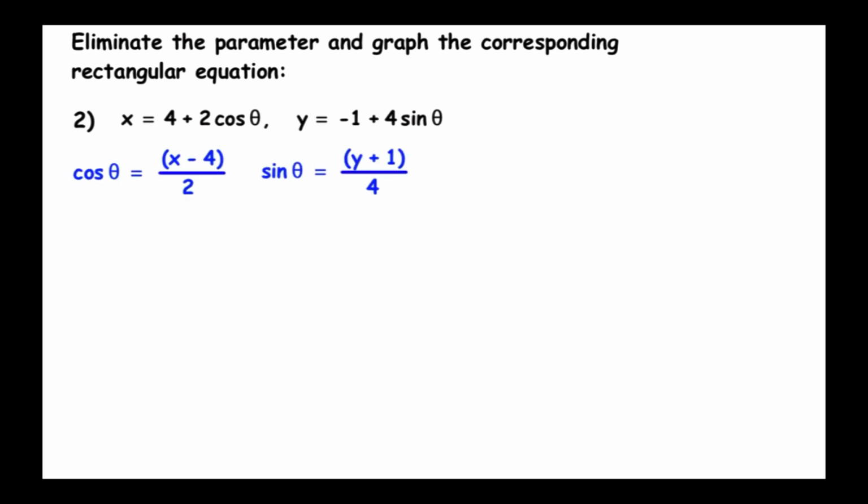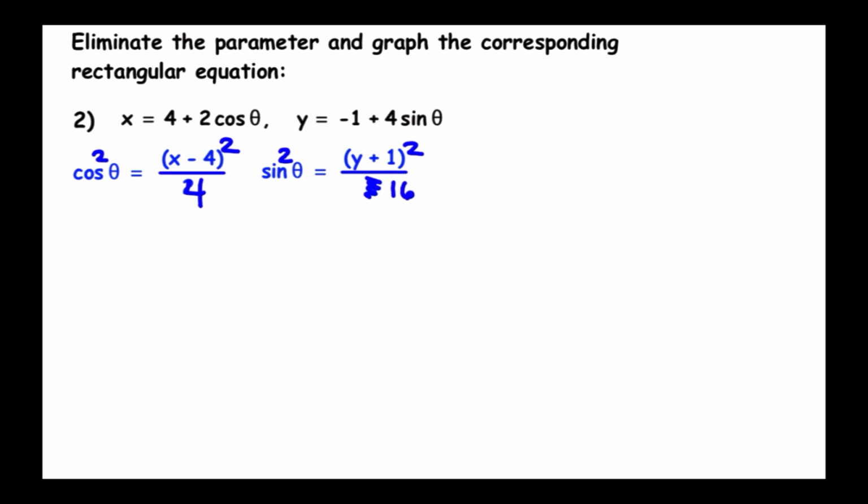Okay, once I do that, I can square both sides. So if I square here, cosine squared, and I square this side, I'll have x minus 4 squared over 4. On the other equation, if I square the sine, I have sine squared. If I square the right, I have y plus 1 squared over 16.